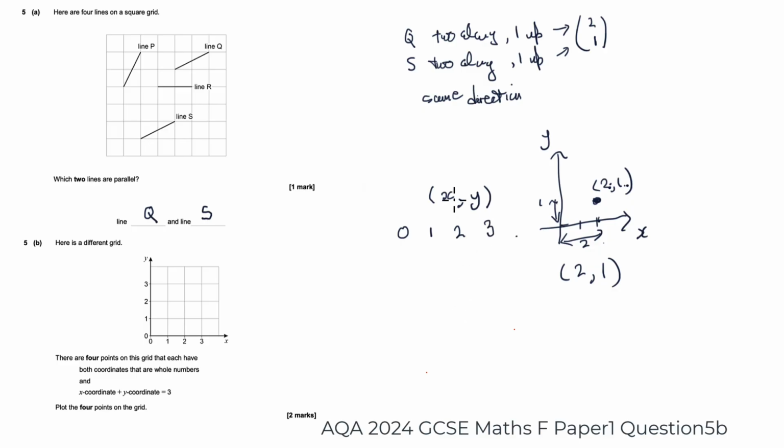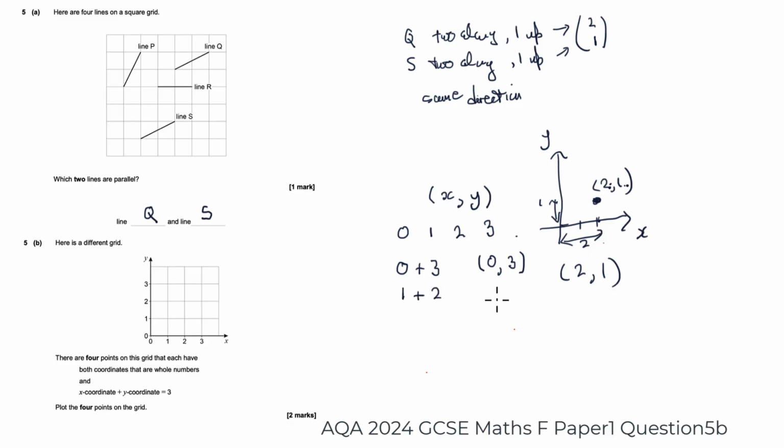So how do we work out pairs of numbers that add up to 3? Well, let's look at this. 0 plus 3, that adds up to 3. X being 0, y being 3. What about 1 plus 2?